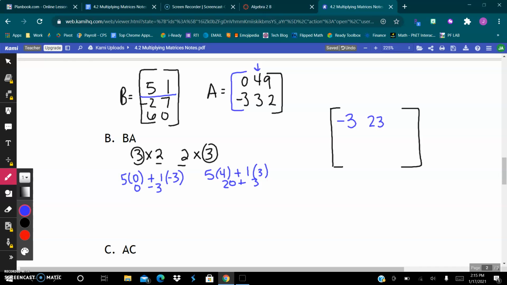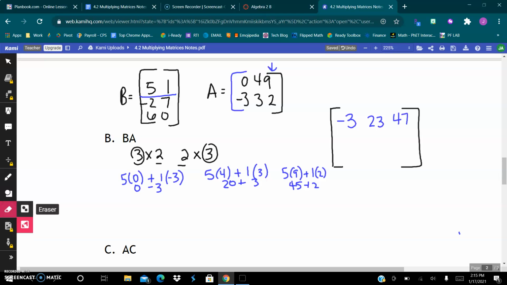And then last, we're going to do the first row and the last column over here. So we would have 5 times 9 and 1 times 2. So that would be 45 and 2. So that would be a 47.